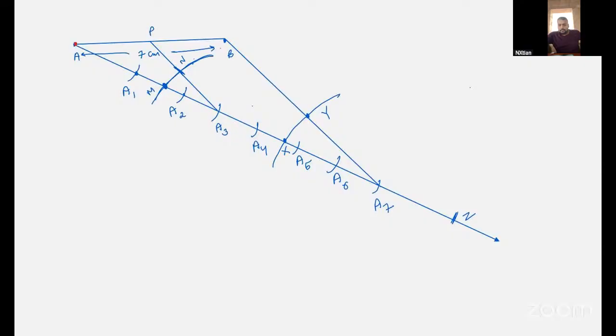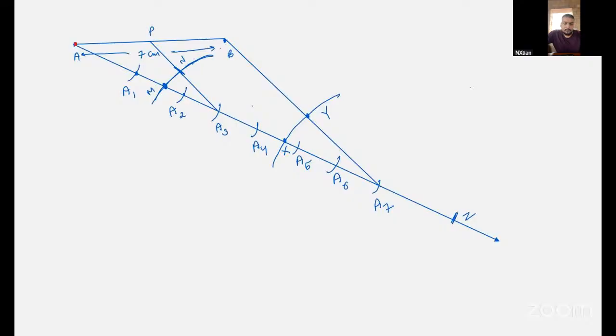So after A3, put your compass on A3 and make an arc without disturbing the compass, such that point M should be on the AZ ray.